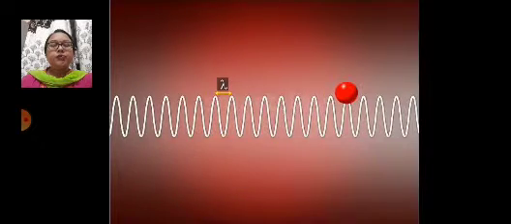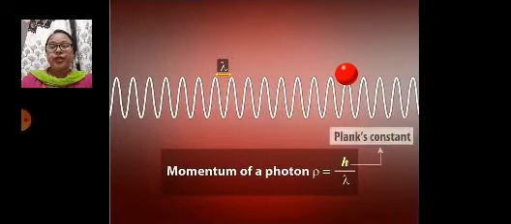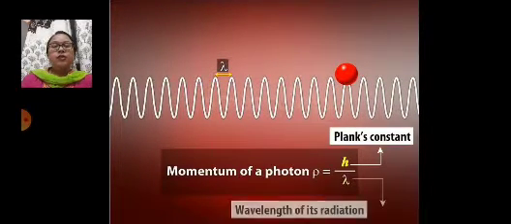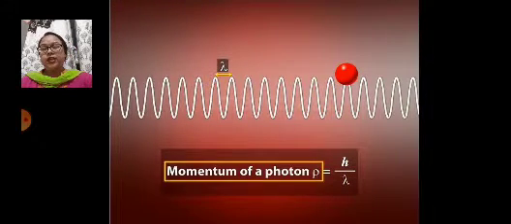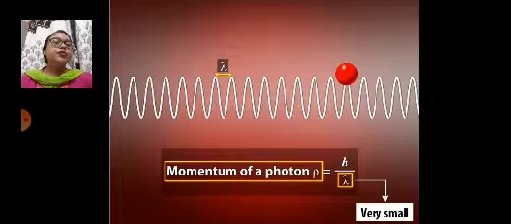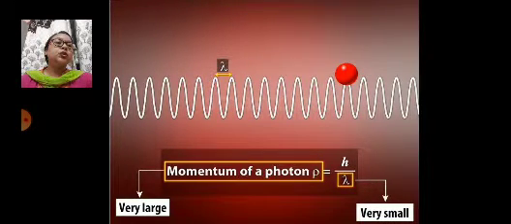When a photon of such radiation with high momentum strikes an electron, the energy of the electron changes considerably. This means the momentum of a photon p equals h upon lambda, where the wavelength will be very small.